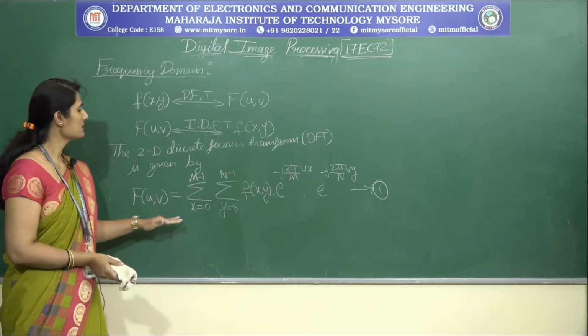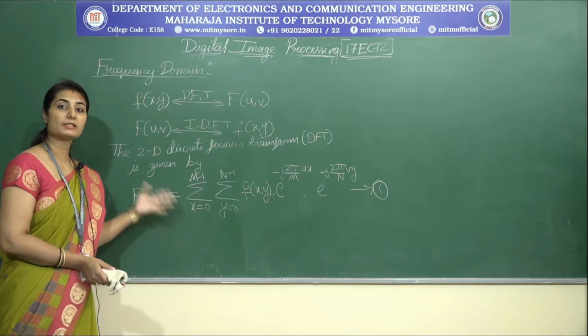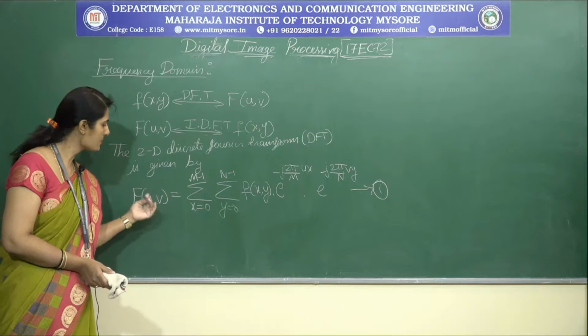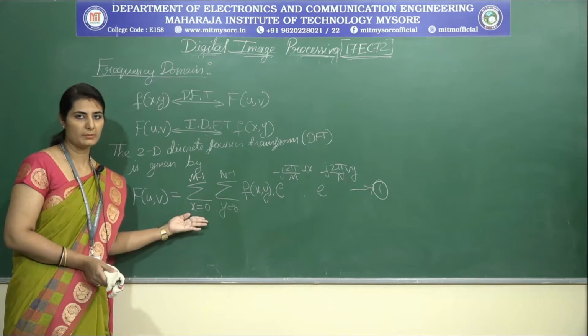This is the discrete Fourier transform equation, which we used for a single variable in signals and systems. This is for two dimensions, that is, we are dealing with two variables here.